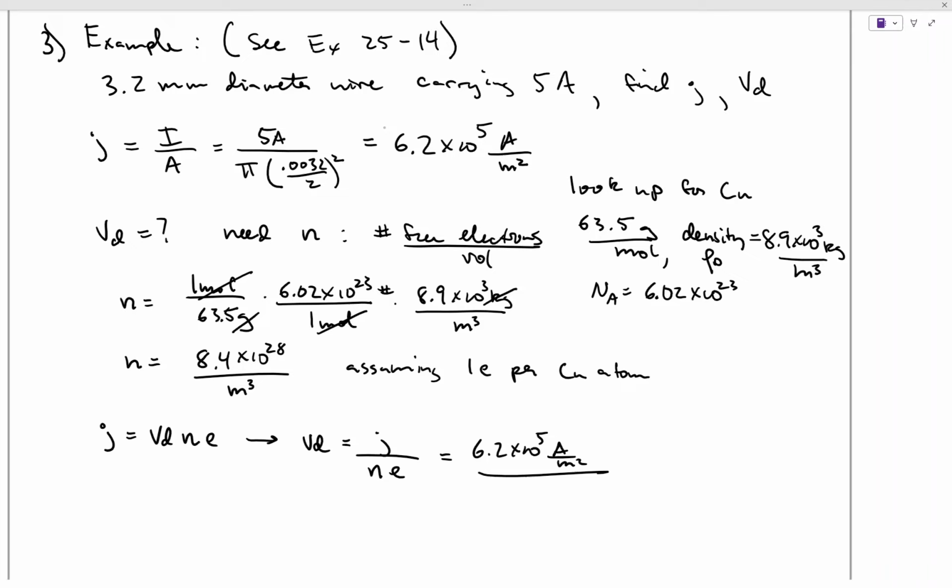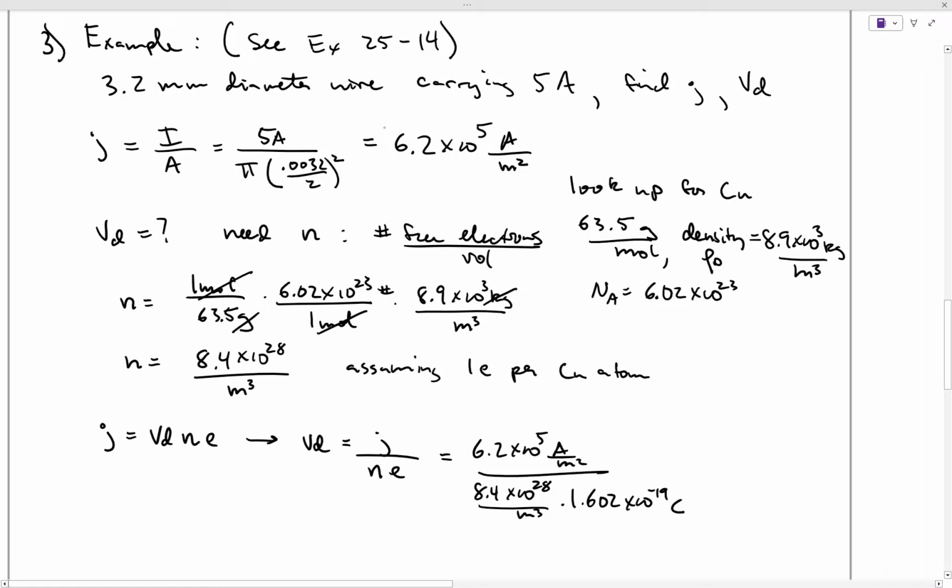And we just computed n, number of free electrons per volume. And the charge of the electron, we know that number. Now notice, what is an amp but a coulomb per second? So coulombs and coulombs will cancel. Meters squared and meters squared will cancel, and we'll be left with a number that has units of meters per second of velocity, like we expect.